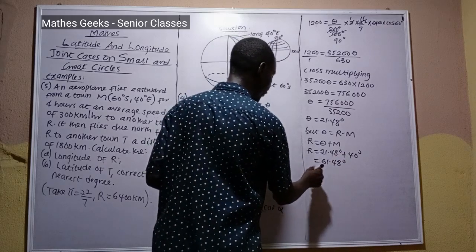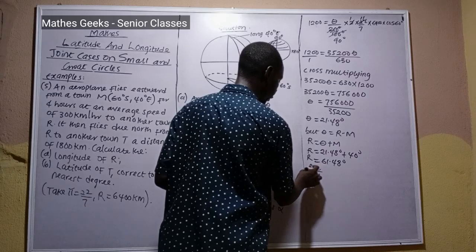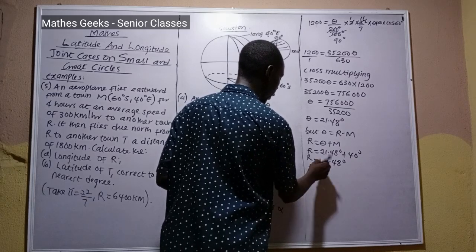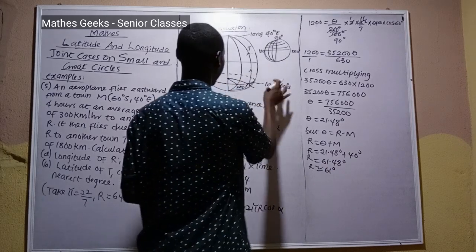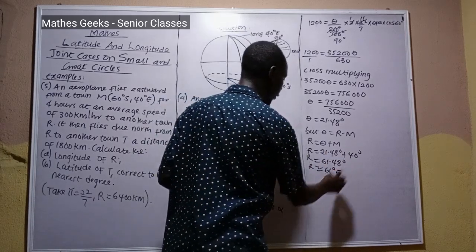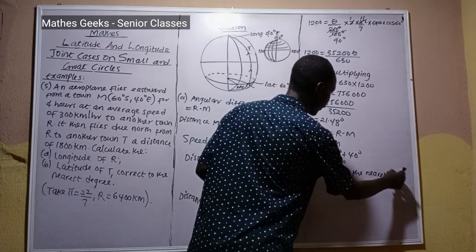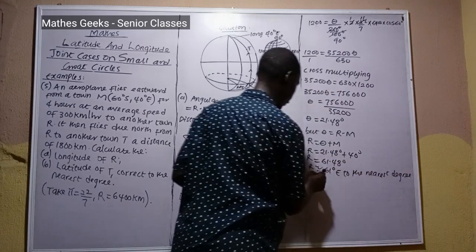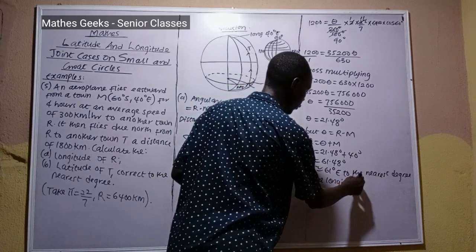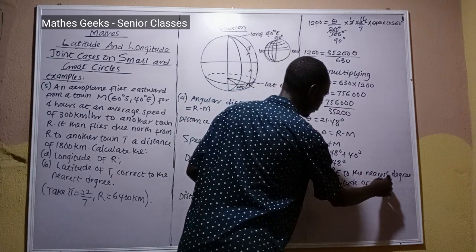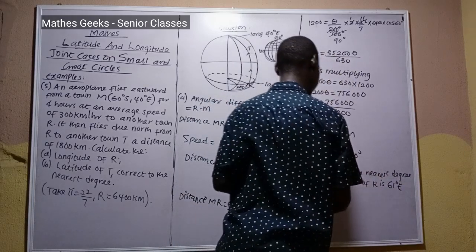So R is approximately 61 degrees east, to the nearest degree. Therefore, the longitude of R is 61 degrees east.